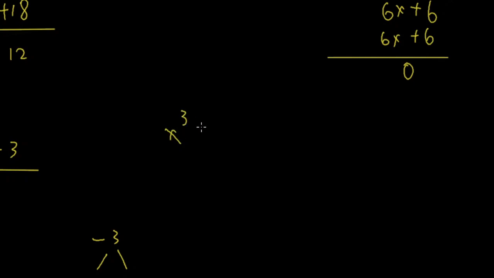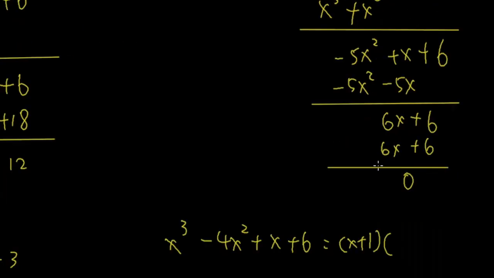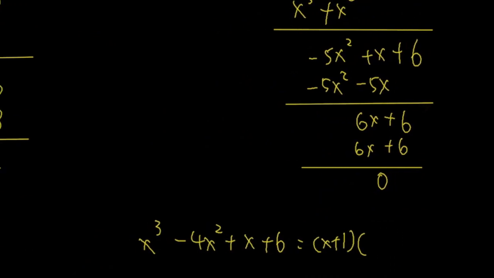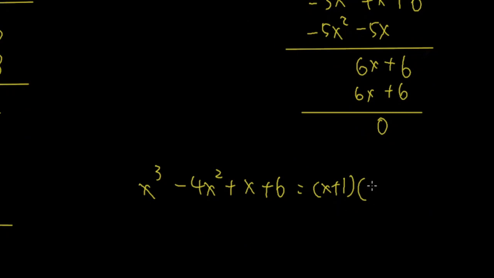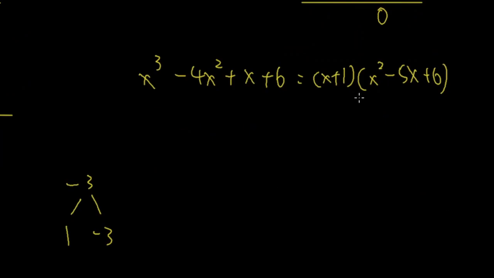So x cubed minus 4x squared plus x plus 6 is equal to x plus 1 times x squared minus 5x plus 6. Now, can you factor this further?